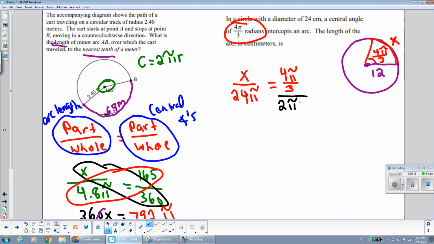That's a full circle. If you forget, you can just convert 360 degrees to radians by multiplying by pi over 180, and that's 2 pi. From here, we can cross multiply and solve.